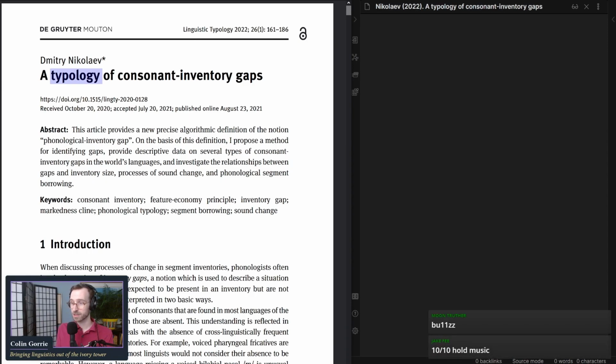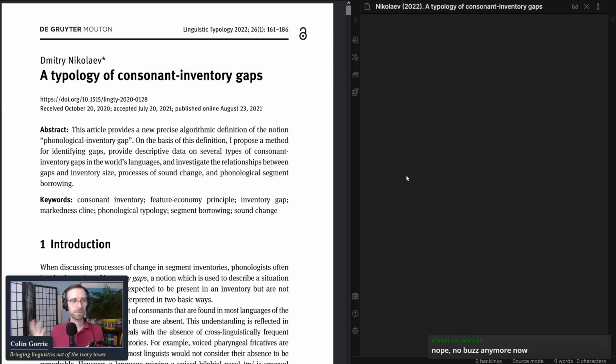You can have morphological typology, the range of variation in the morphological component of the grammar. So things like what kind of affixation is possible? Does suffixation of this imply suffixation of that other kind of morpheme? You can have syntactic typology. You can have all sorts of different kinds of typology. Here we're talking about phonological typology. So we're talking about consonant inventories, and we're talking specifically about gaps in consonant inventories.